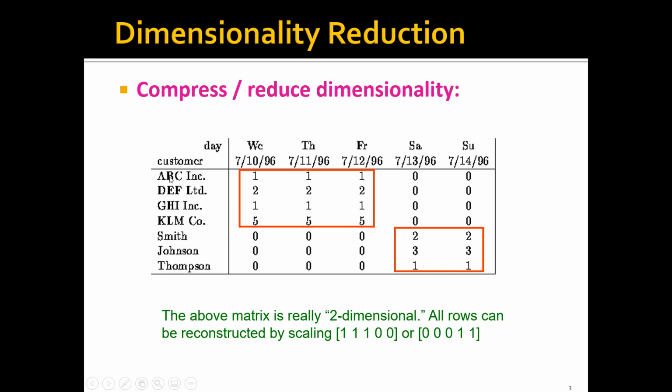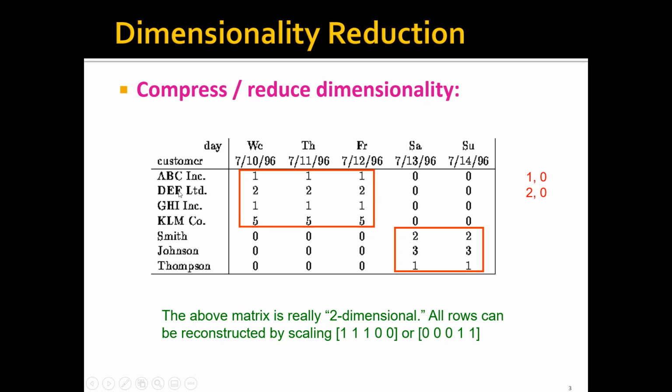So although this matrix has 5 columns, it's really a two-dimensional matrix because all the rows can be reconstructed by simply scaling 1, 1, 1, 0, 0 here, or 0, 0, 0, 1, 1. In particular, if we use these two basis vectors to represent the 5-dimensional vector, then the first row can be simply represented using the length 2 vector of 1 and 0.